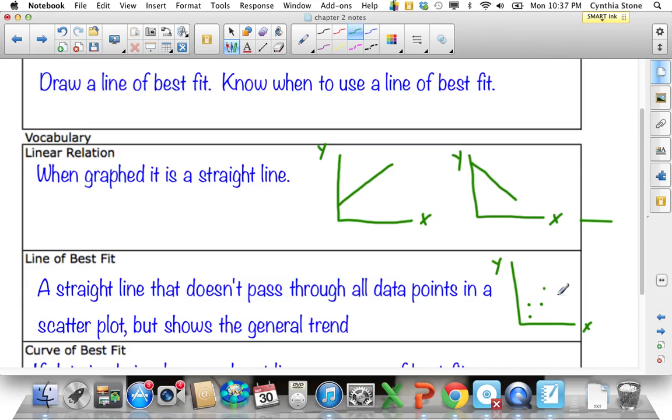This is your data point, and we wanted to draw a line of best fit. So you may have in the past sort of connected all the dots, and we don't connect the dots anymore. That will never happen. What we do is we draw a line of best fit. So I would, in this case, draw a line that might sort of approximate all the data. Okay, that would be what I'd call a line of best fit.